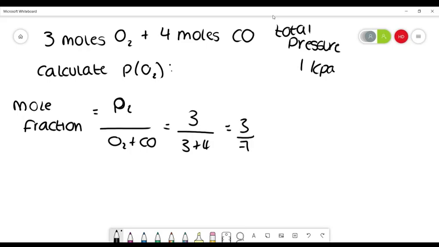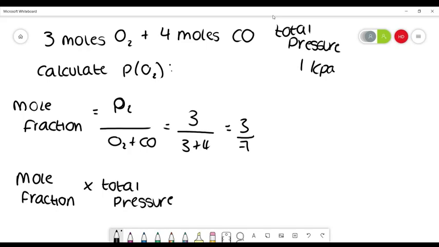Then you times the mole fraction times total pressure, which equals 3/7 times 1, which equals 3/7 of a kPa.